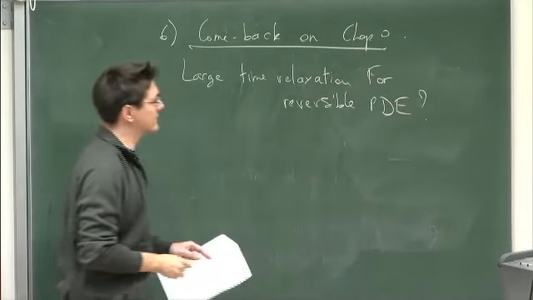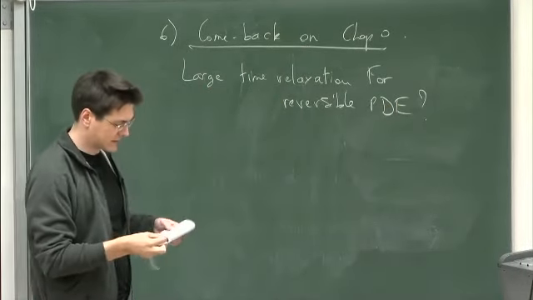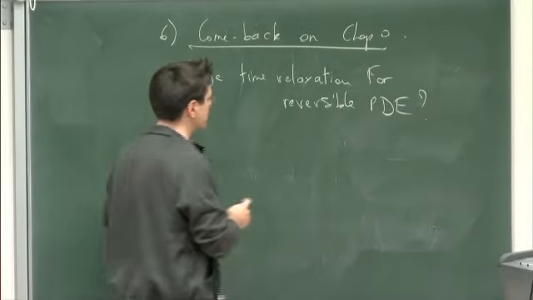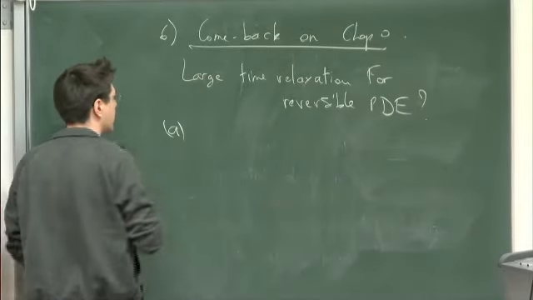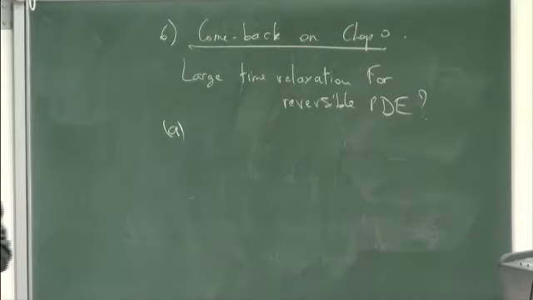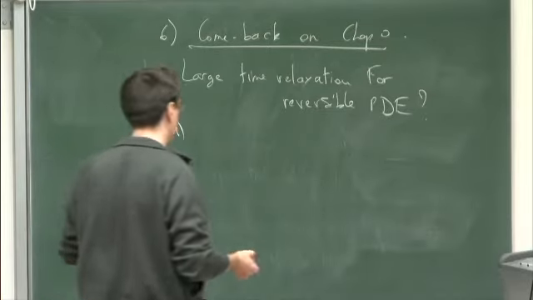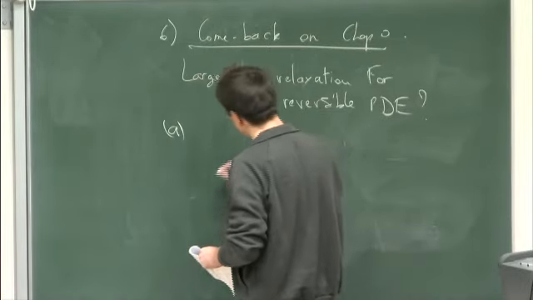There are two pictures that are nice to keep in mind here. The first one is a picture I discussed, the picture of Boltzmann. I mean, the picture of how I understand the idea of Boltzmann of irreversibility.